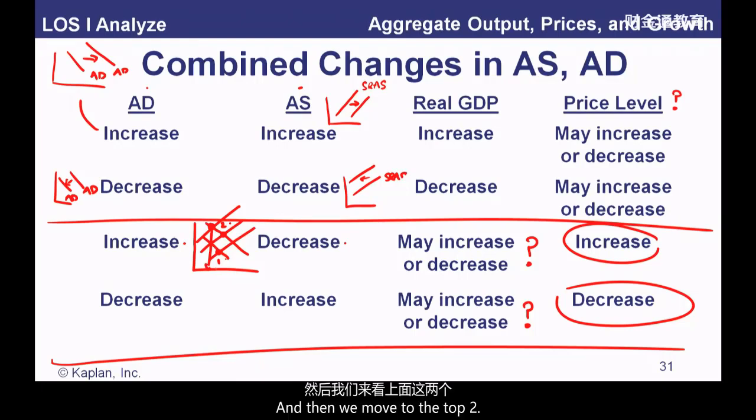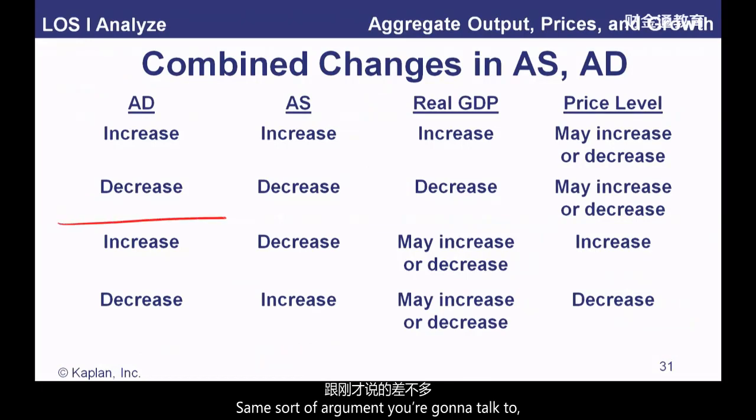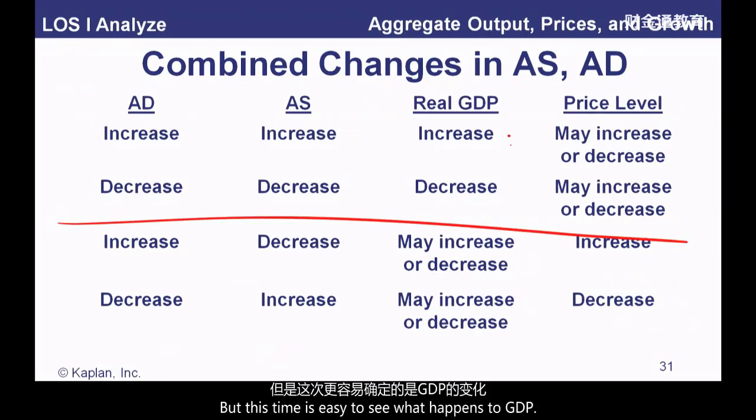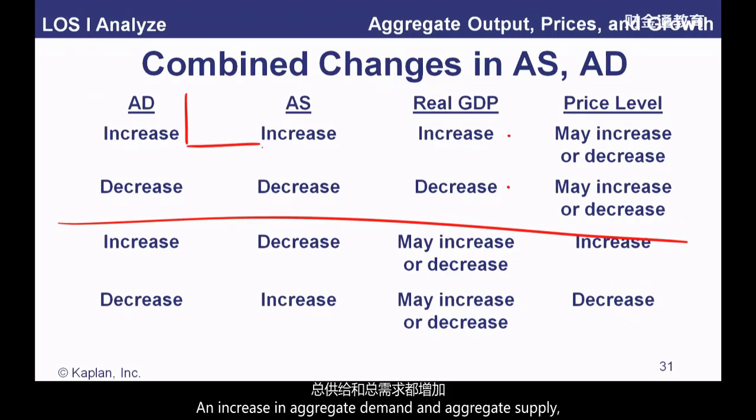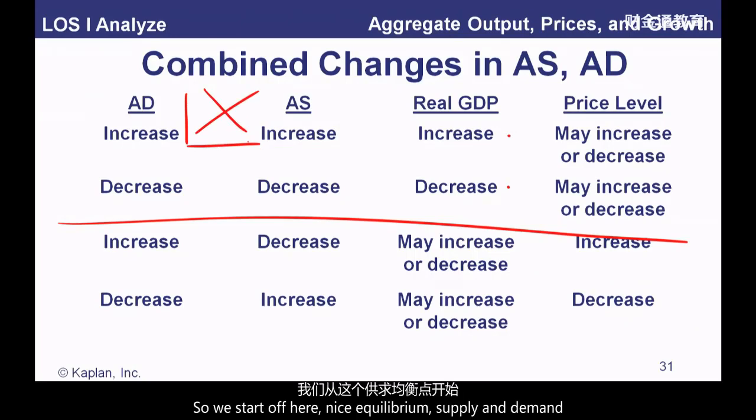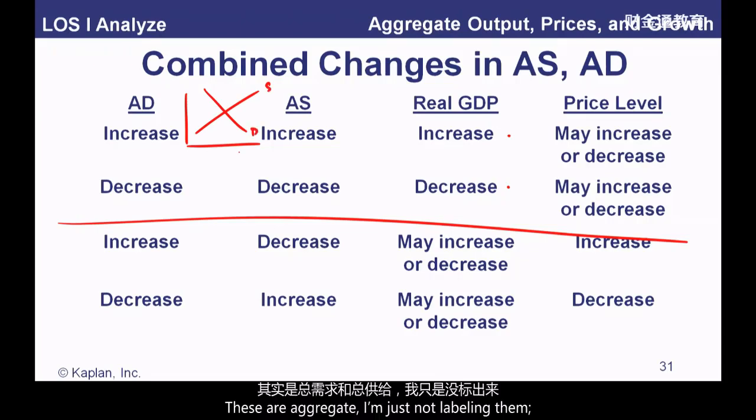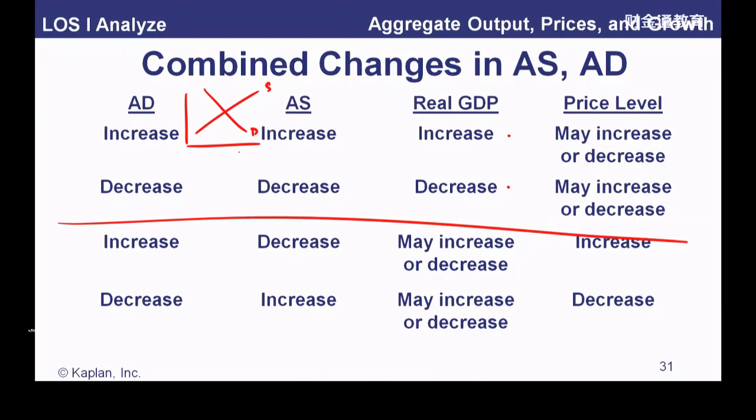And then move to the top two. Same sort of argument if you look at the top two, but this time it's easy to see what happens to GDP. So we take the top example, an increase in aggregate demand and aggregate supply. So we start off here, nice equilibrium, supply demand. These are aggregate, I'm just not labeling them.